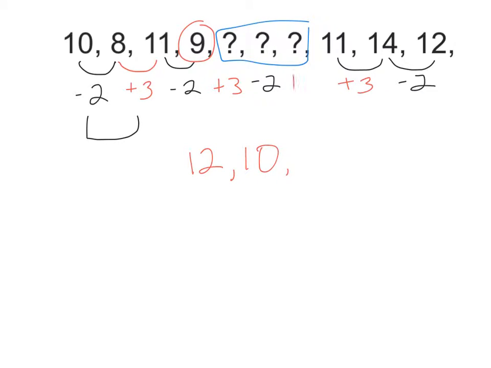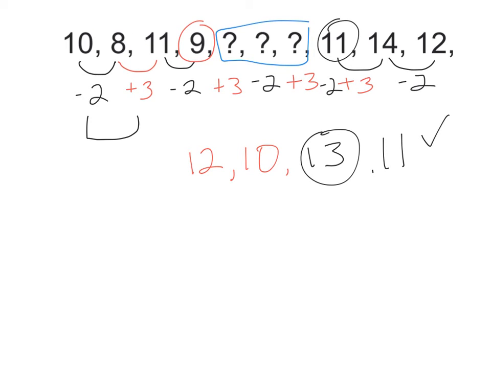And if I add 3 to 10, I'll get 13. Now bridging between 13 and 11 should continue the sequence. So 13 minus 2 will give me 11. This pattern checks out.